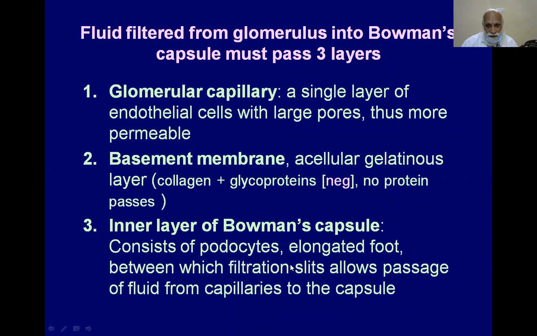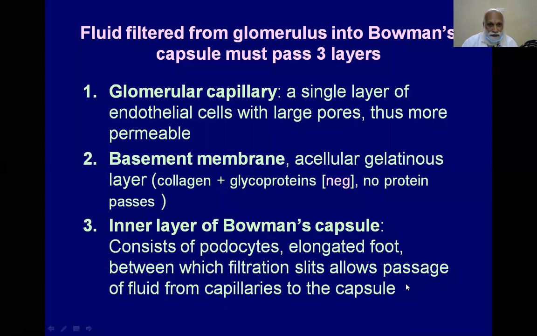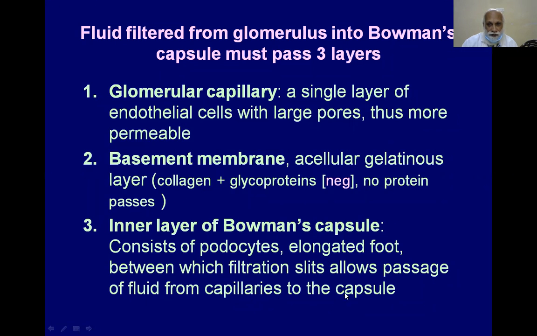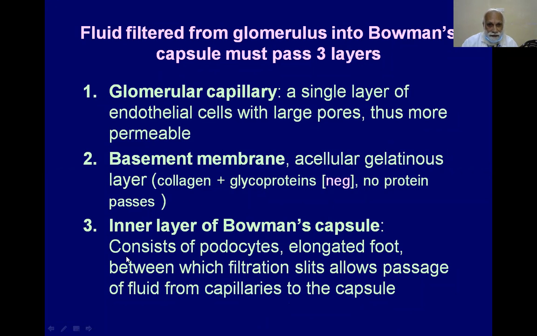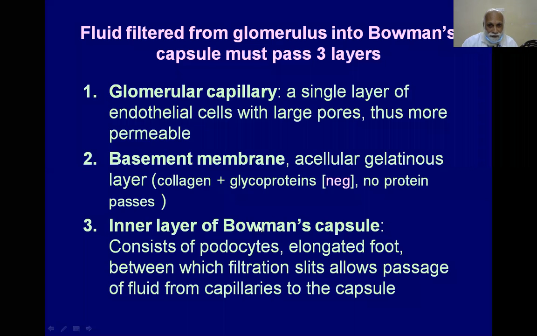So the substance will have to pass from the capillaries to the capsule through this. That means not only the capillary wall is to be dealt with for the transfer of fluid and substances, but we also have another layer of the Bowman's capsule, and there is some special arrangement there.